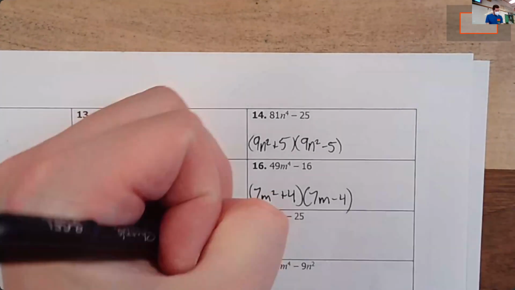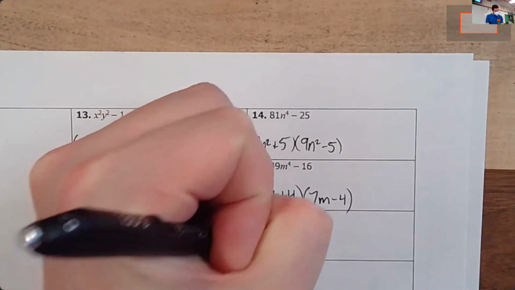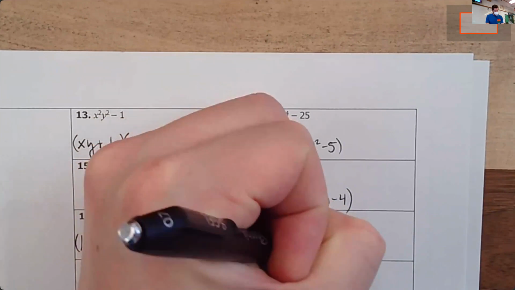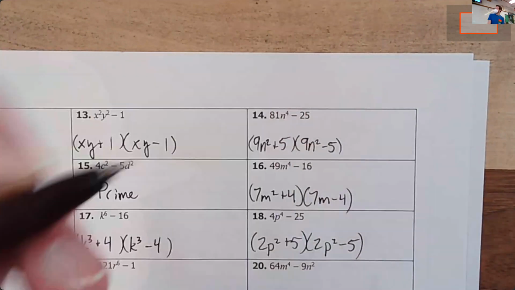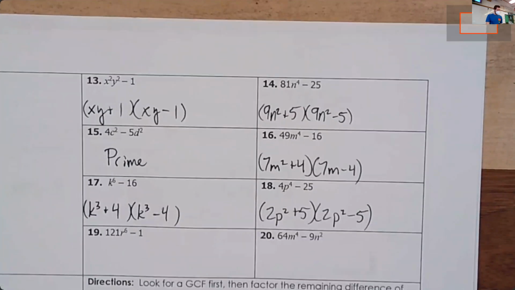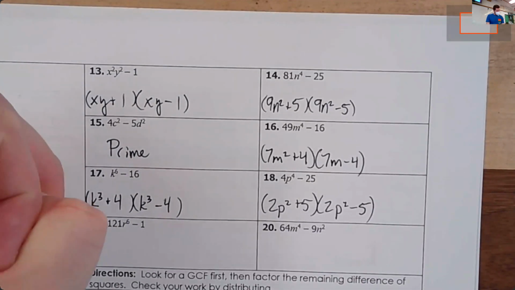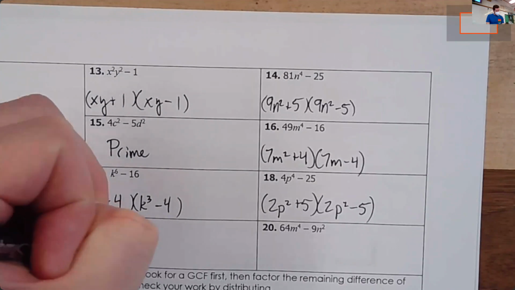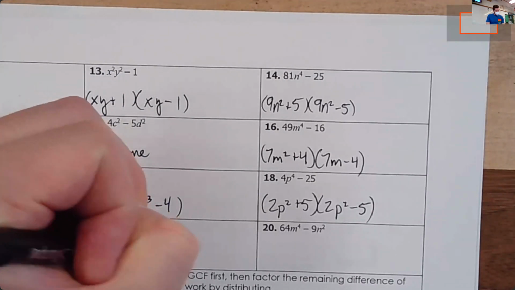This will be 2p squared plus 5 times 2p squared minus 5. And then number 19 will be 11r to the 3rd plus 1 times 11r to the 3rd minus 1.